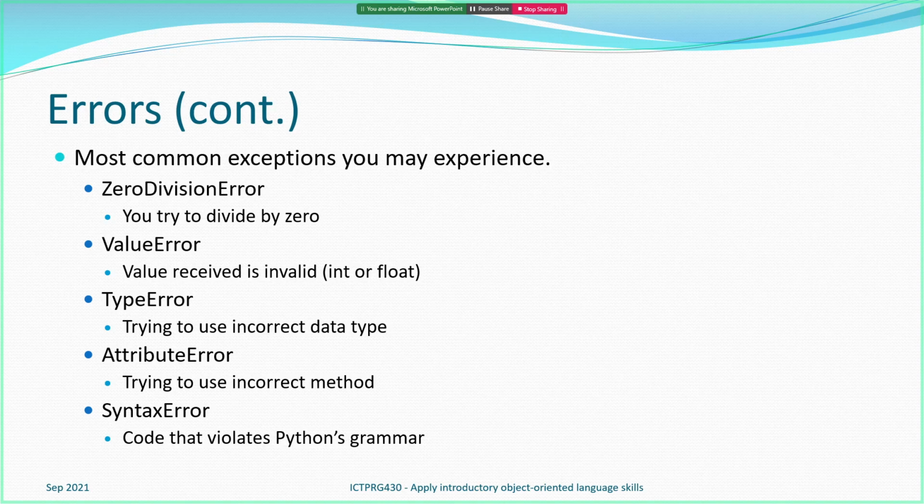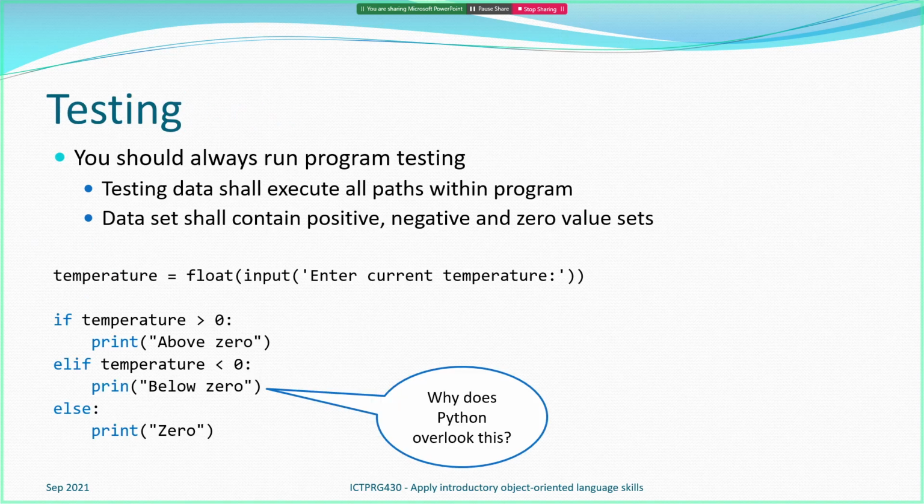So if we're trying to get an integer and somebody gives us a float, then we can have an error. Again, going through each, there's a good library of errors that you can look up, but they're the common ones.